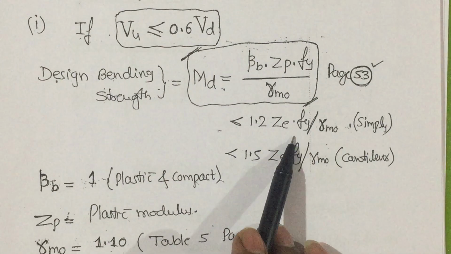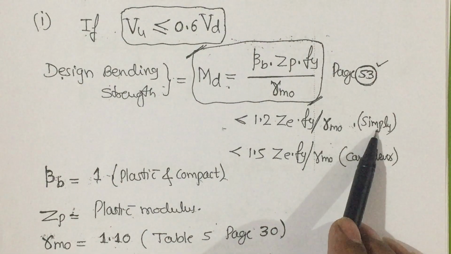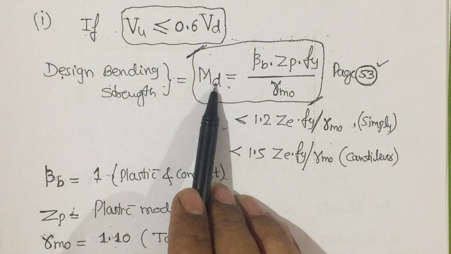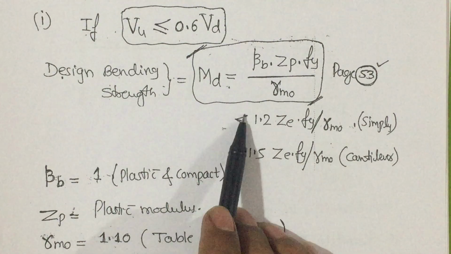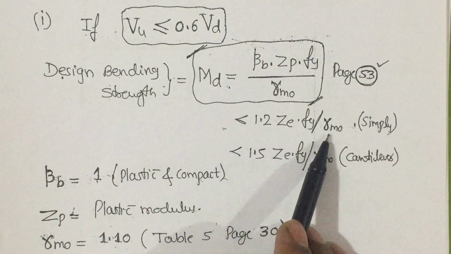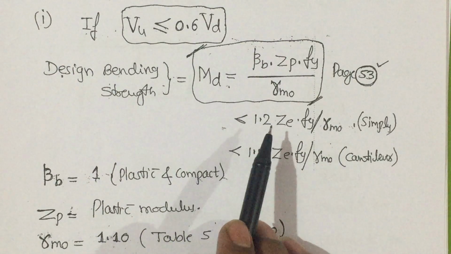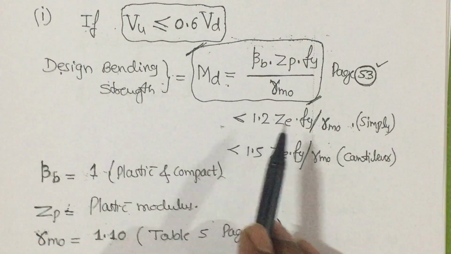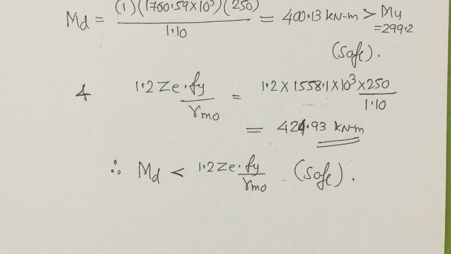In the specification, we saw that if it is a simply supported beam, the Md value, the design bending strength, should be less than 1.2 Ze into Fy divided by gamma m naught. So, take this value for a simply supported beam and calculate.